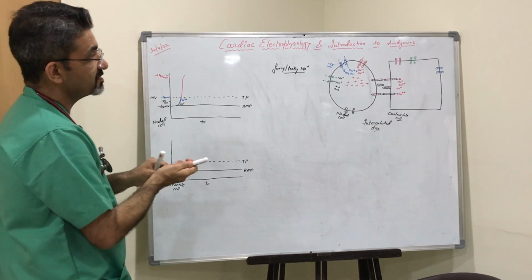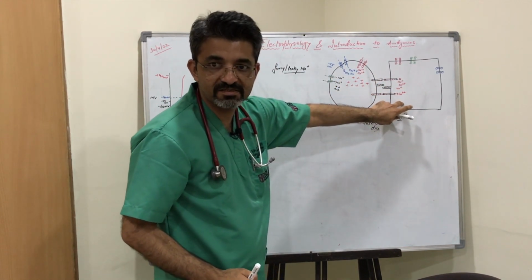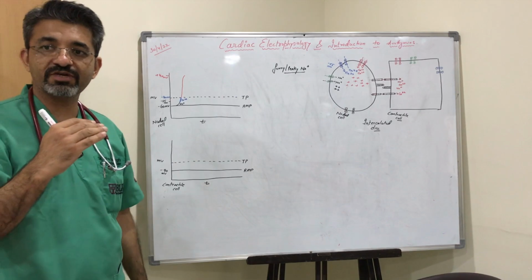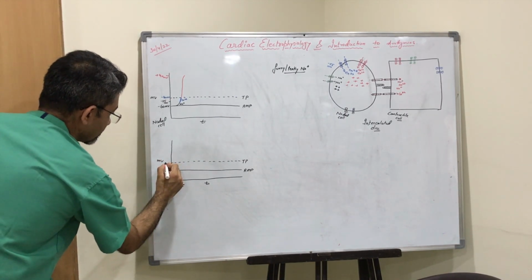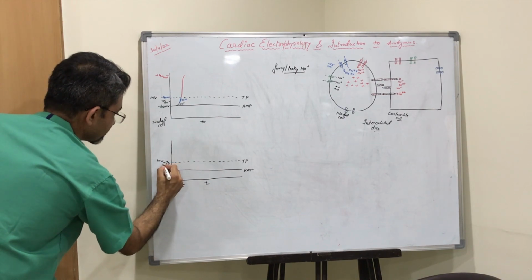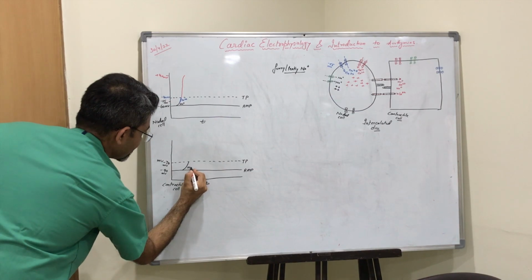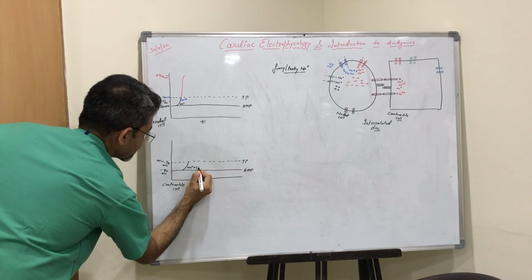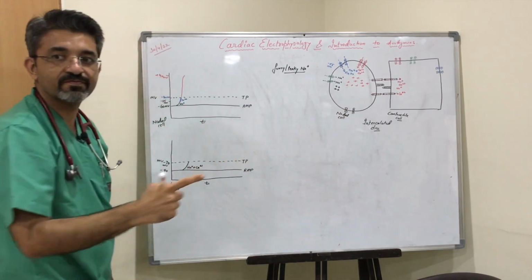As sodium and calcium start going into the contractile cell, its resting membrane potential starts rising, from minus 90 to minus 70, because of the sodium and calcium coming in from the nodal cell.